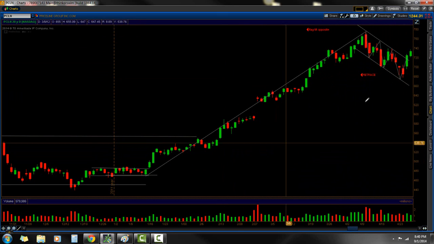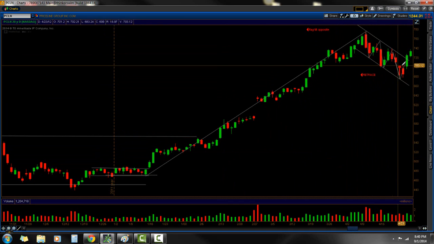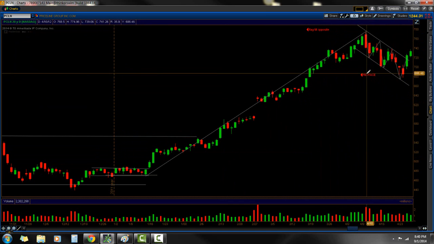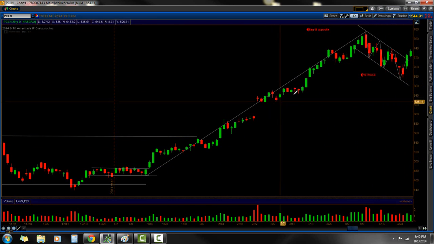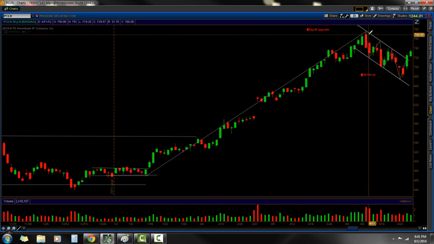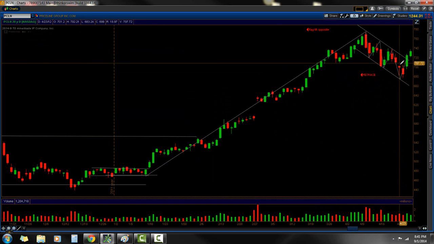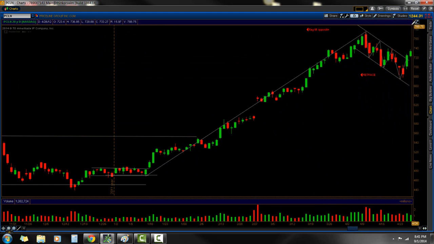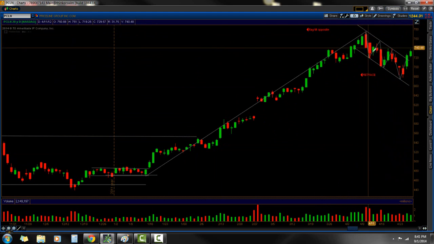Alright, the best flags are slanted, tilt opposite or retraced against the pole, the uptrend of the pole, and you want the flag to be tilted downwards, because remember, downward patterns break up, right? Upward patterns break down. So you want this to go down so it'll break up.